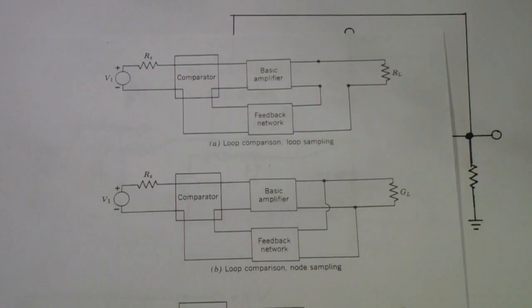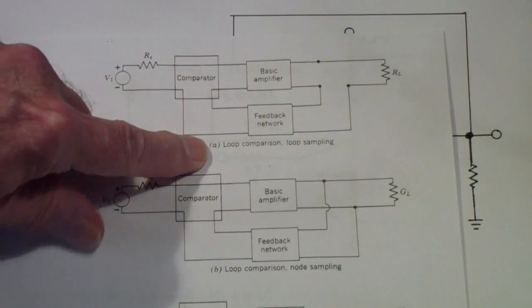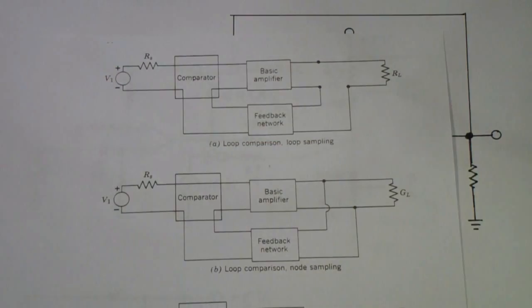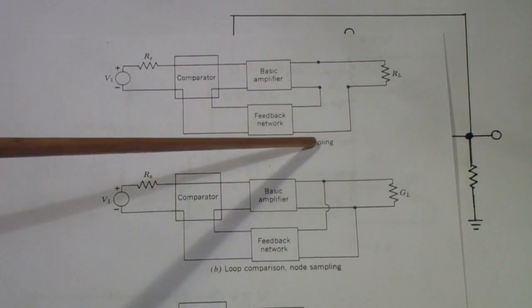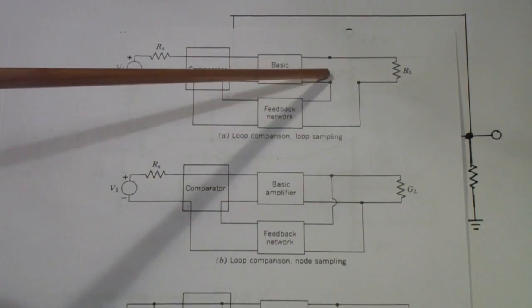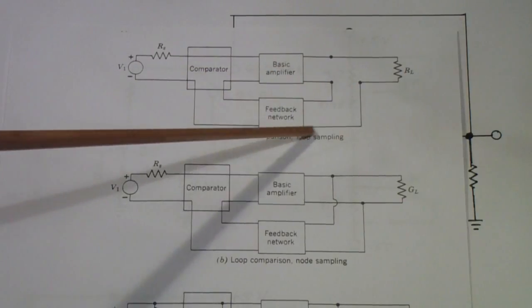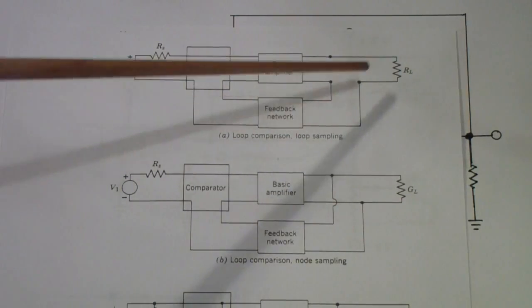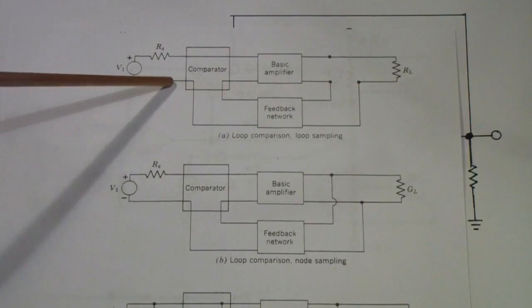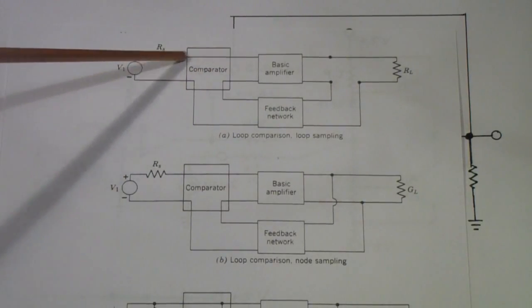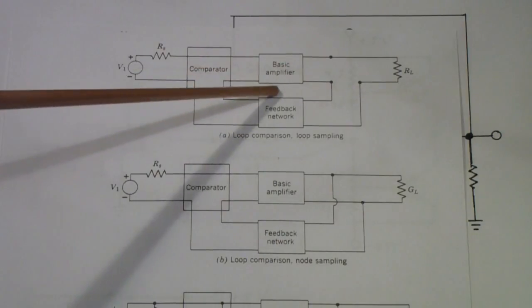Here is loop comparison and loop sampling. Notice that we are sampling the output current. The output current has to flow through the feedback network. That is loop sampling. Furthermore, the output of the feedback network is in series with the input, or in the input loop.